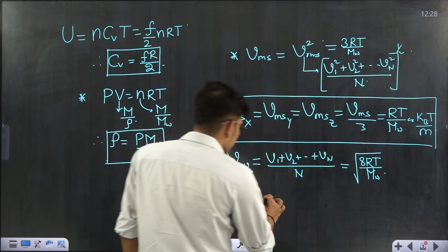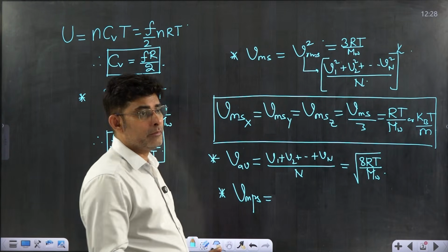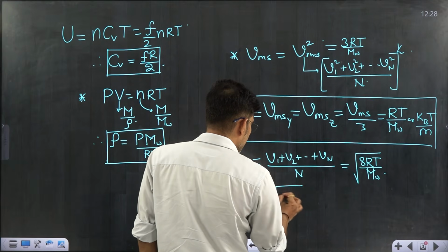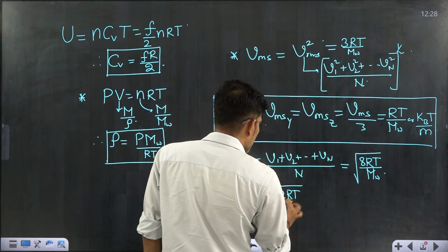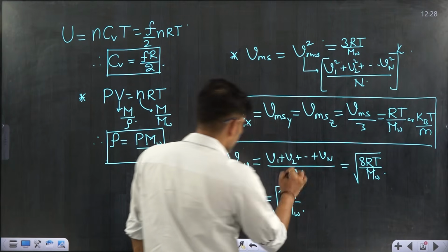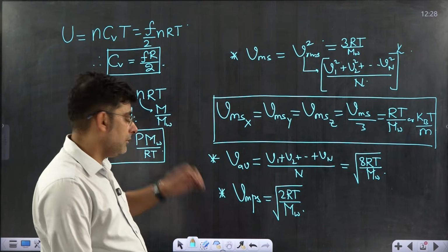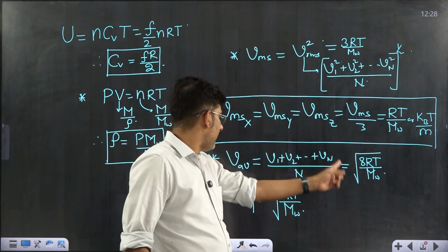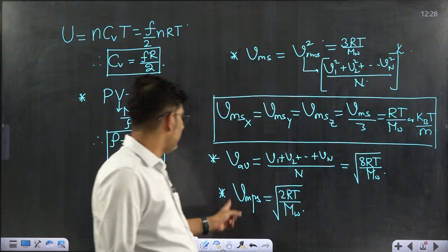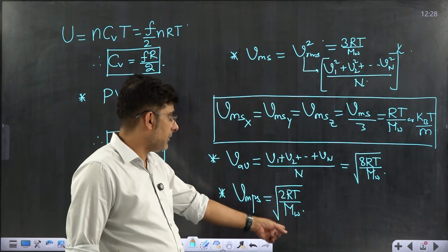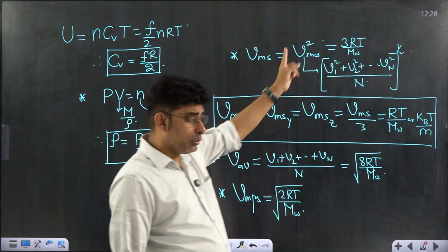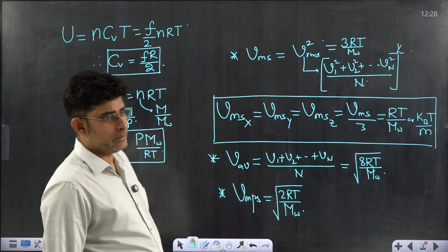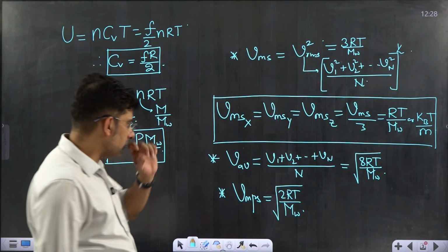The probability of finding molecules is maximum for those moving with this speed. So that's why it is called most probable speed. So this value is root 2RT by molecular weight. So for ideal Maxwellian gases which obey Maxwell's theory, the average is root 8RT by pi M, MPS is root 2RT by M, and RMS speed is root 3RT by M. So these are to be remembered. I hope these points are clear to everyone.